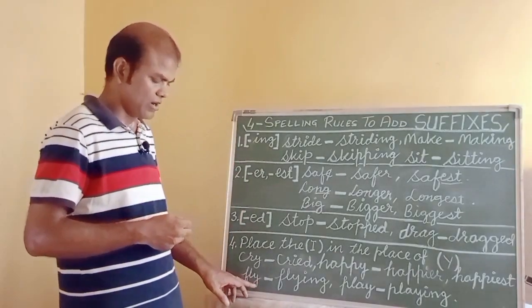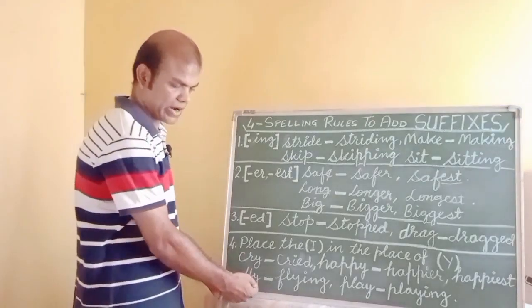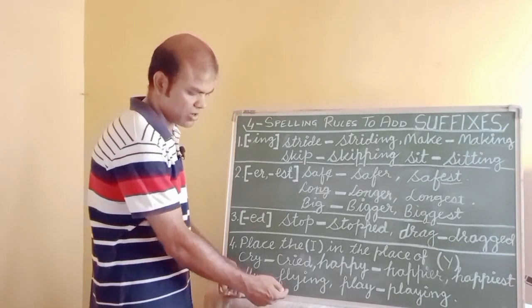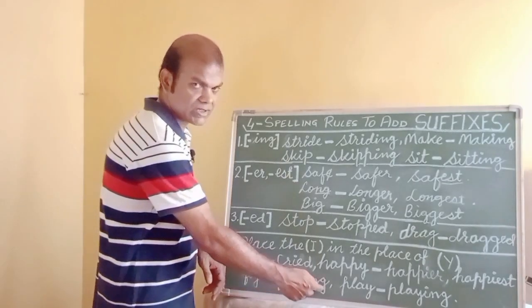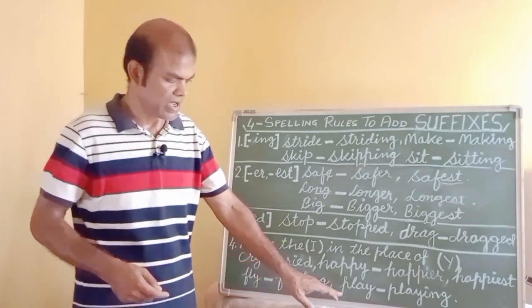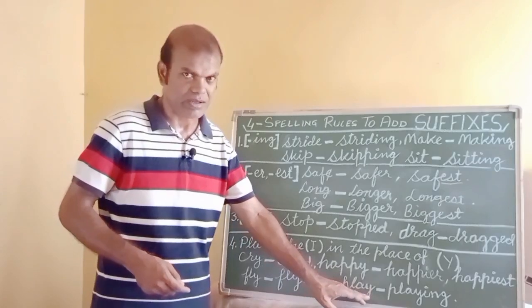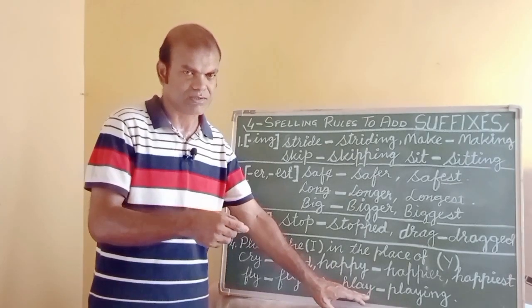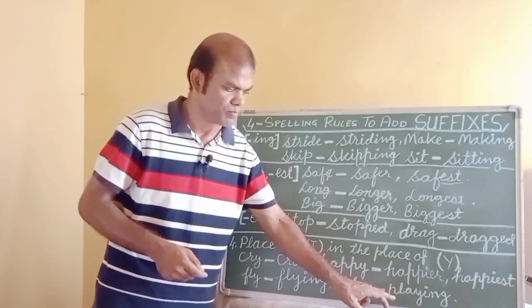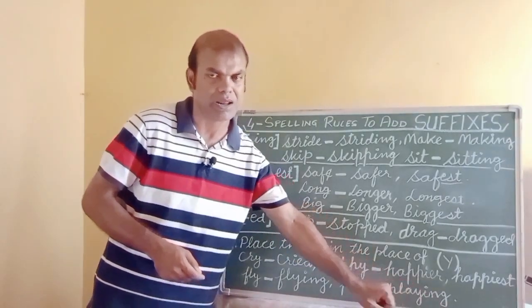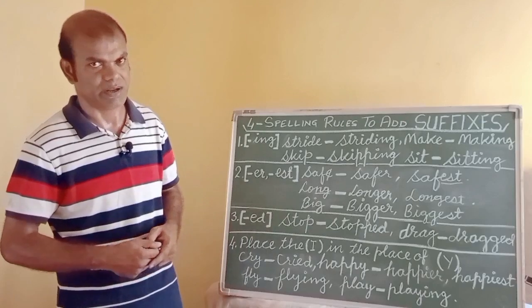Like in fly, F-L-Y, you can see the Y. To add ing in this word, you must not remove the Y. F-L-Y, after that ing suffix, flying. Same in play, P-L-A-Y. To add the ing suffix after the Y, you must not remove the Y. Play, ing, playing. You will get a new word, playing.